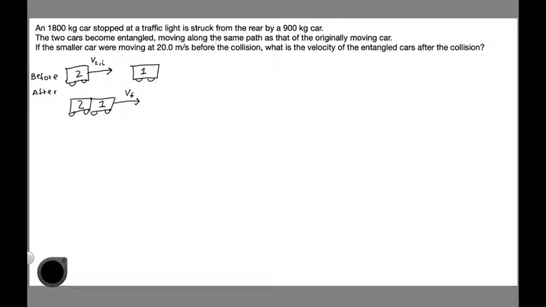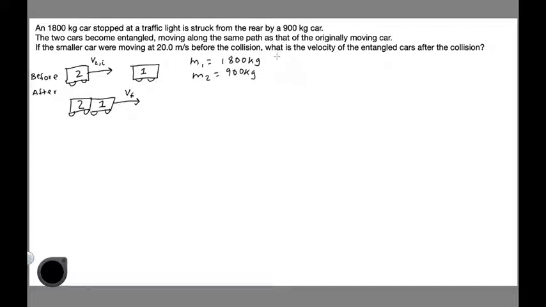So we know that the mass of car 1, which is stopped at the stoplight, is going to be 1,800 kilograms. And we know that the mass of car 2, which we'll call M2, is 900 kilograms.